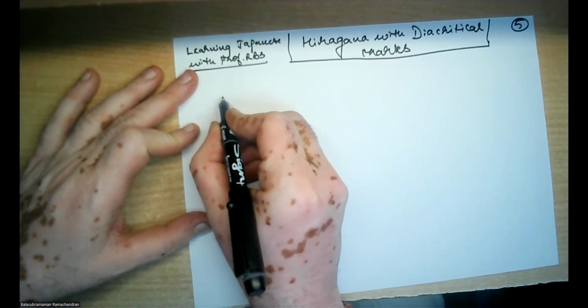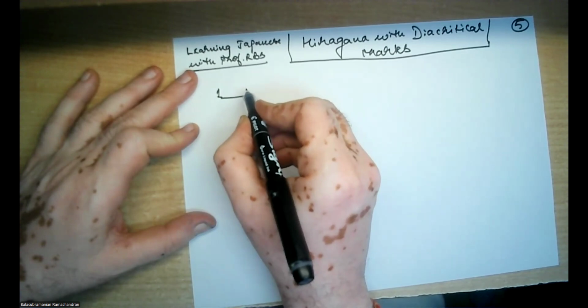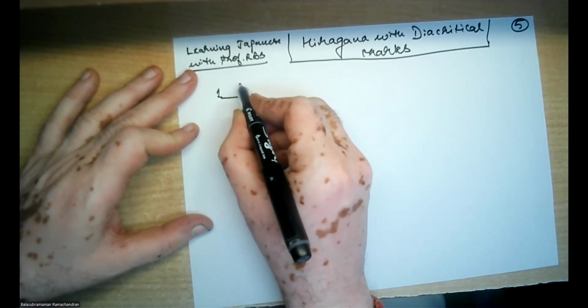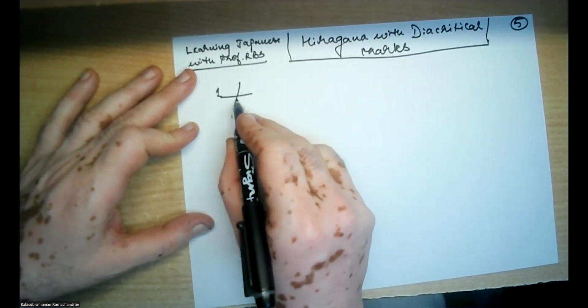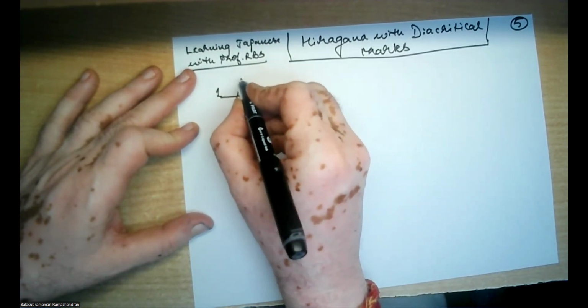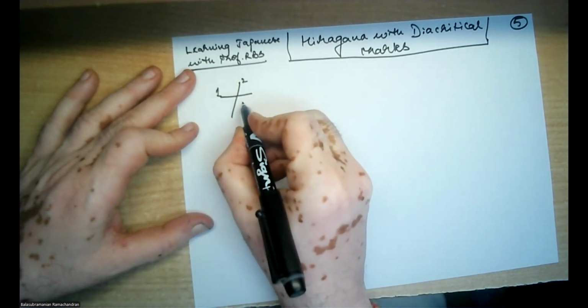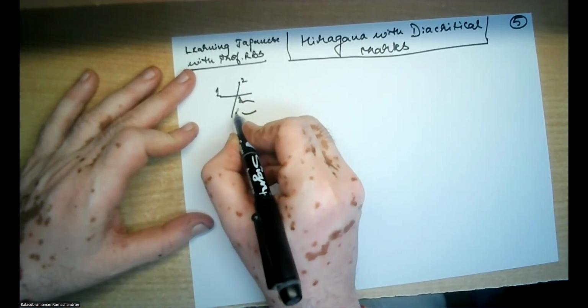So stroke 1. Then you have stroke 2. This should have gone a bit, it should not have been such a straight line. But anyway, we'll work on that. Don't worry. Then stroke 3 and 4.